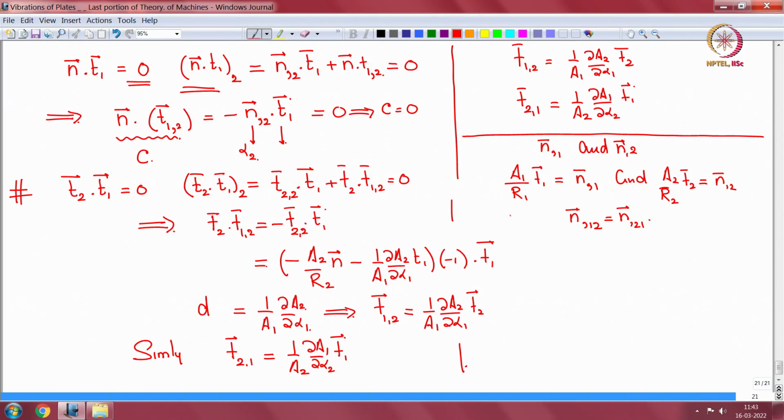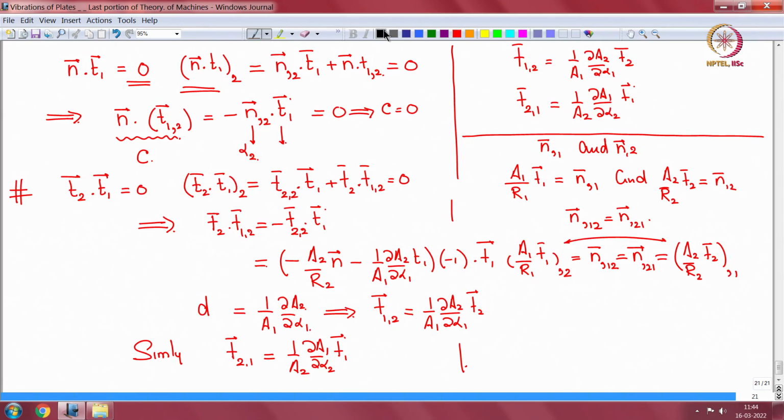So if we take A1 by R1 T1 and the derivative with alpha 2, which is n bar comma 1 2, that should be the same as n bar comma 2 1, which is equal to A2 by R2 T2 comma 1. Okay. So these two are equal.